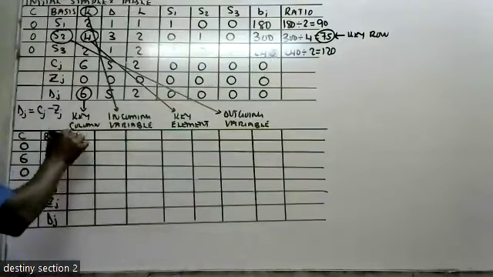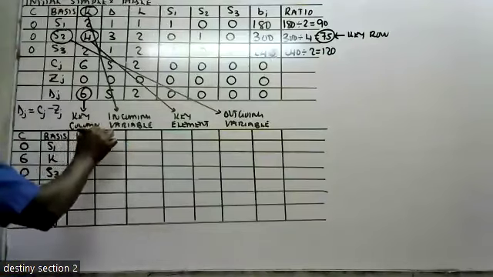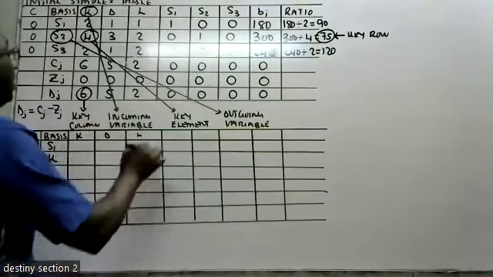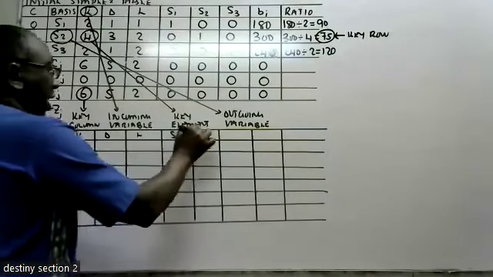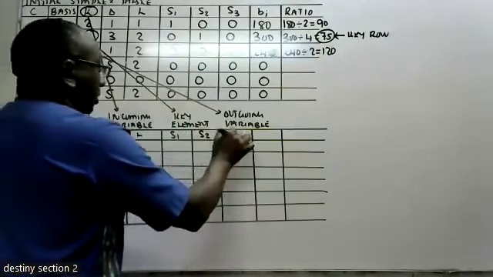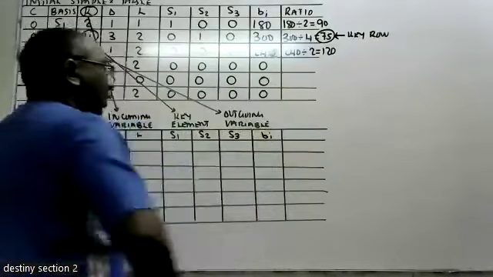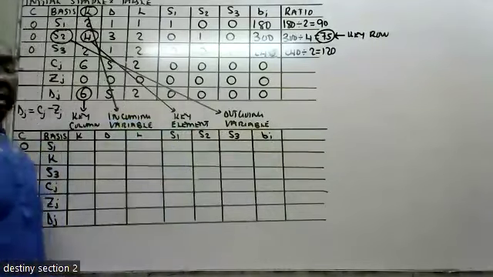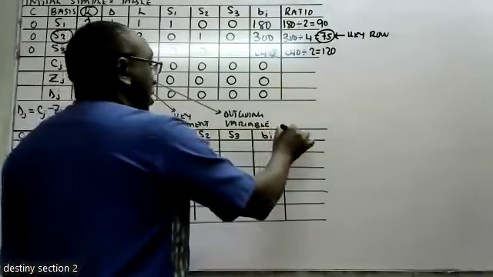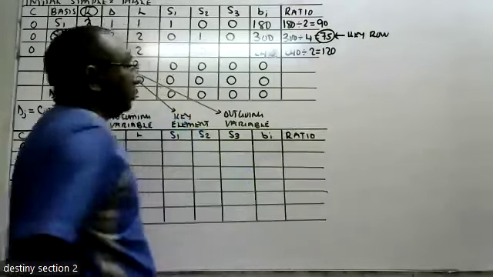So this is K, this is D, this is L, this is S1, S2, S3, and then PI. Then in case there will be need, this will be my ratio.